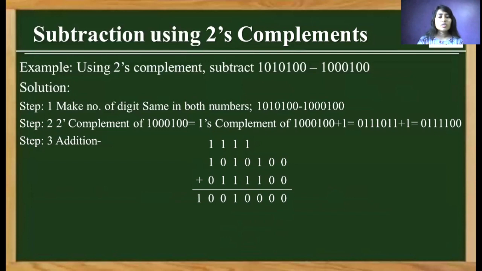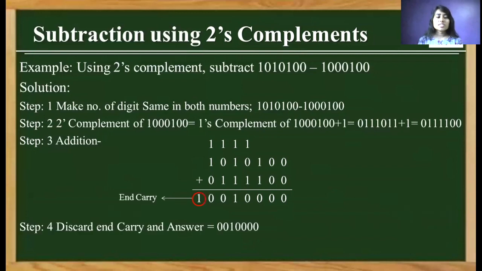And next 1 plus 1 is 0 as a sum, 1 as a carry, then 1 plus 1 is 10. So here we have an end carry. This carry can be discarded and the remaining bits are our answer. So this is how we can perform subtraction using 2's complement.